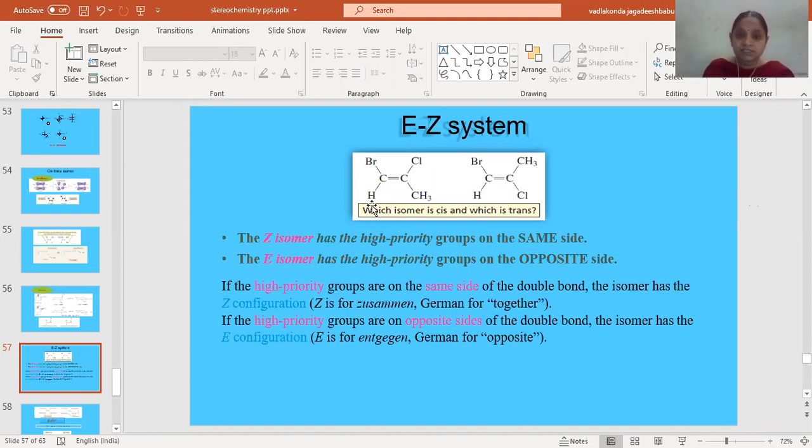In the EZ system, first priority must be given to the groups present on the carbons of the double bond. After giving priority, if the highest priority groups are present on the same side, then that isomer is known as Z. And if the highest priority groups are on the opposite side, then that isomer is known as E. E means opposite. Remember that one.